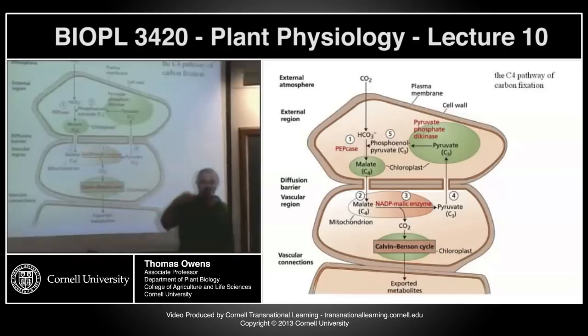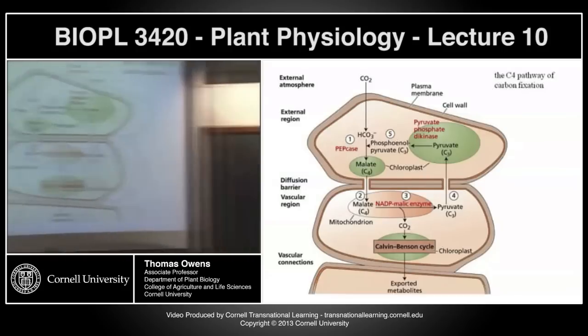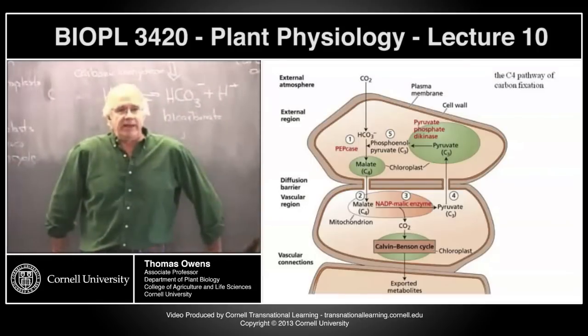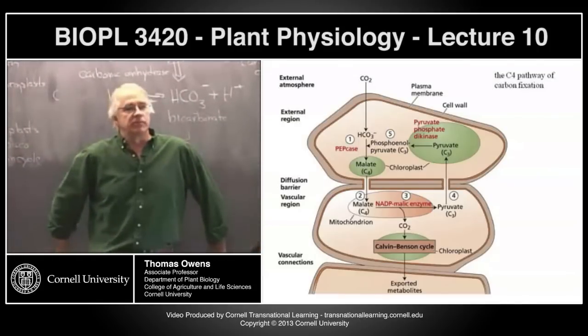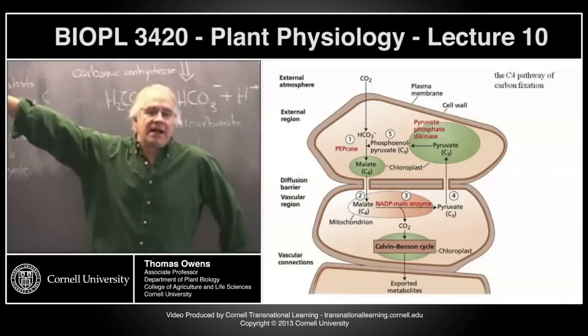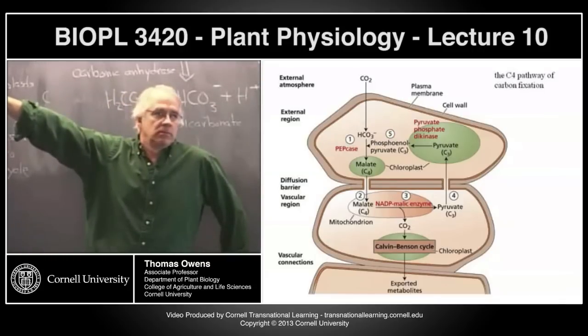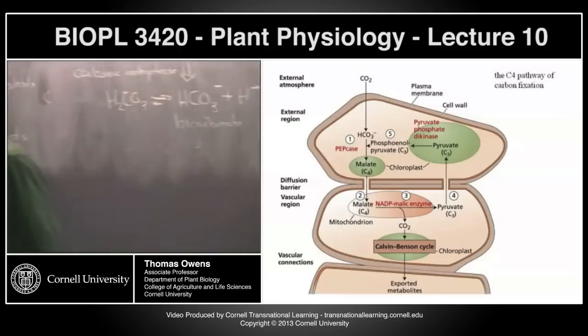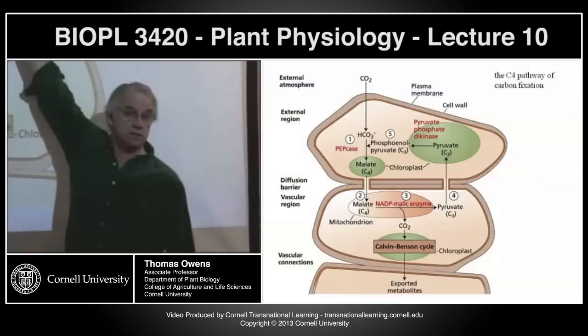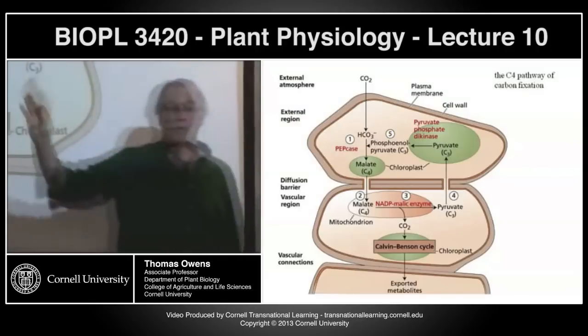Think back to what we were talking about in terms of how evolution can find a way to get around the problems of Rubisco. What could this accomplish? There's more CO2 where Rubisco is? Yeah, if the concentration of CO2 is higher here than it is here. Right? And that's what's going on here.